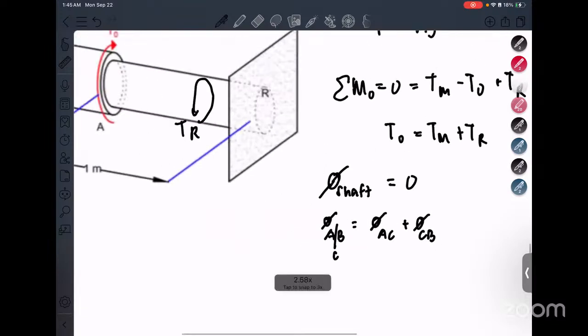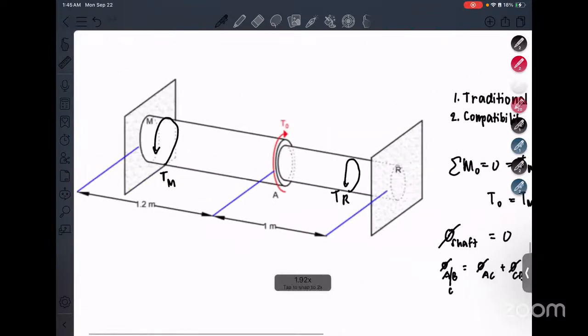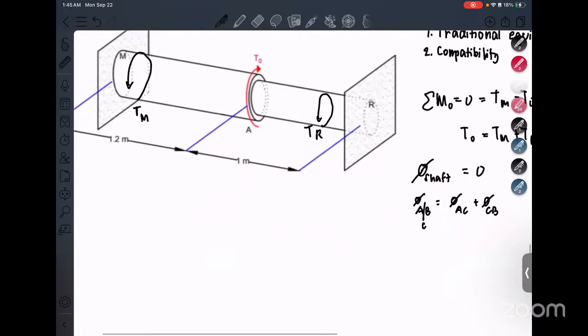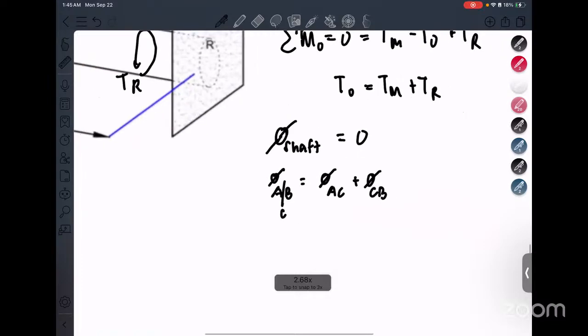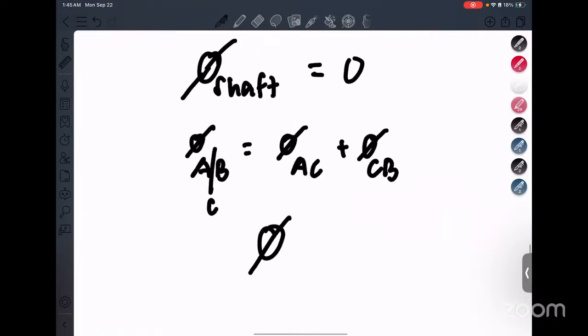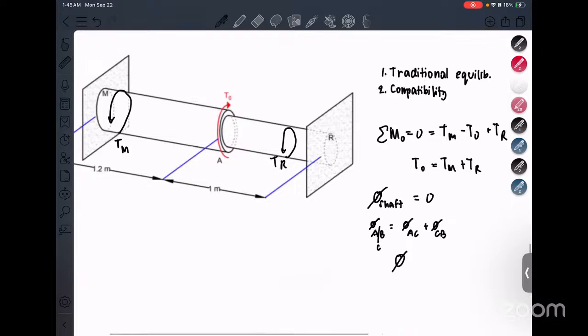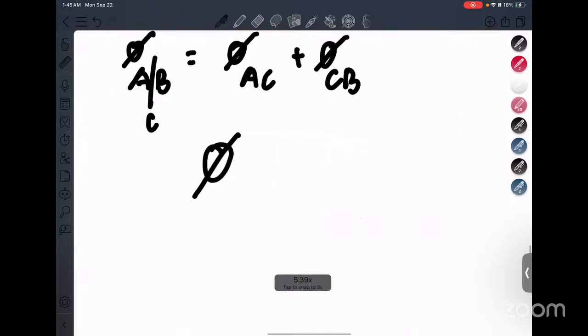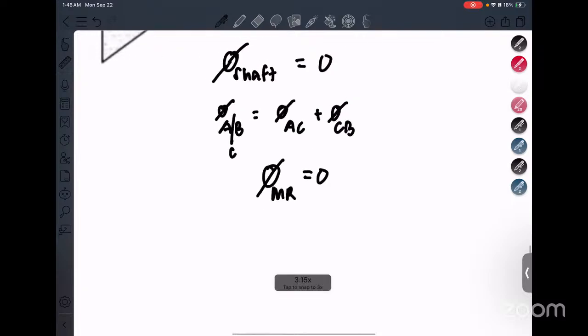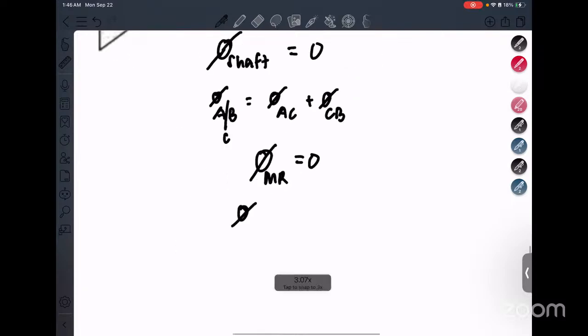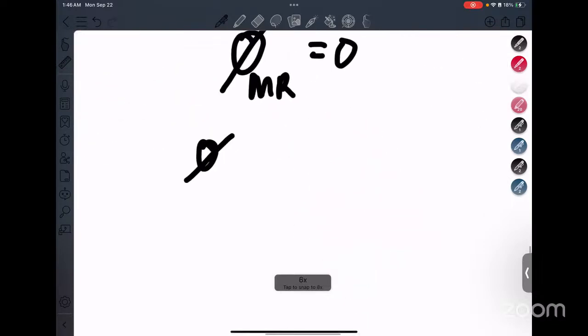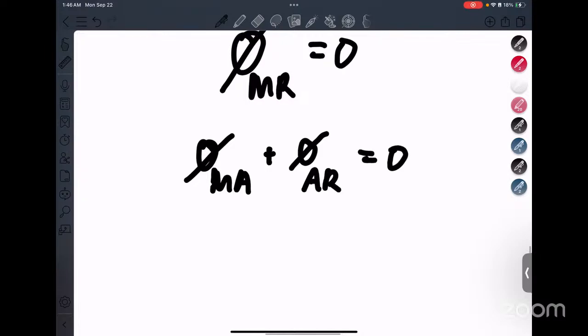So because we have two different tubes here, we can use that as reference points. So what I'm going to do is use the compatibility equation, angular twist about MR is equal to zero, but rewrite it to include A. So twist about MA plus angular twist about AR is equal to zero.